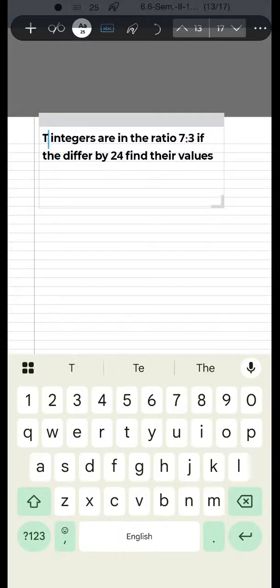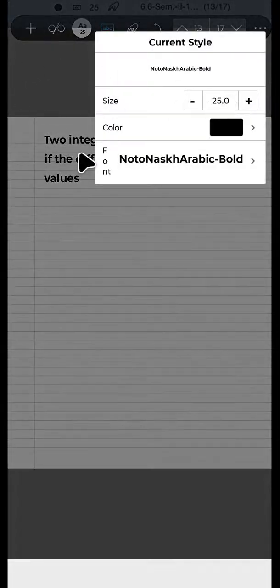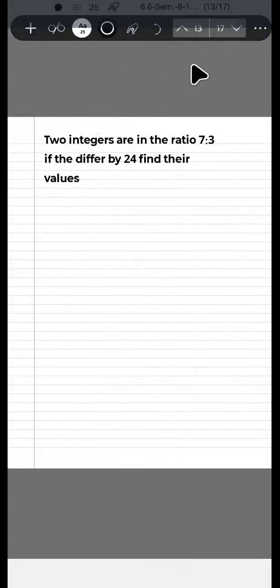We have that question here to solve. How can we solve that? Simply, the first thing I told you is that first we have to write the given statement in the form of mathematics, that is in equation form.